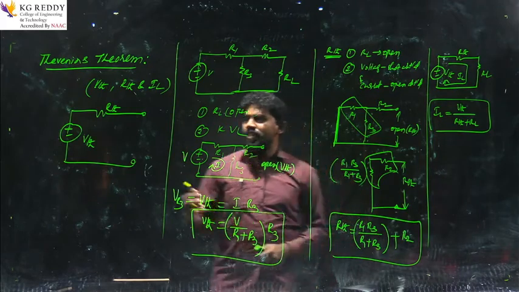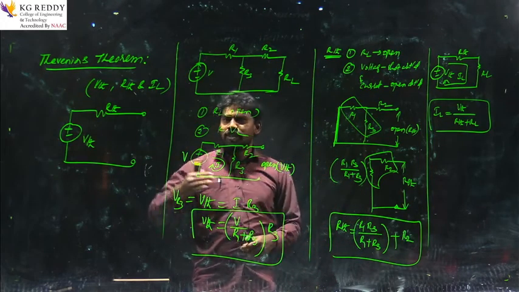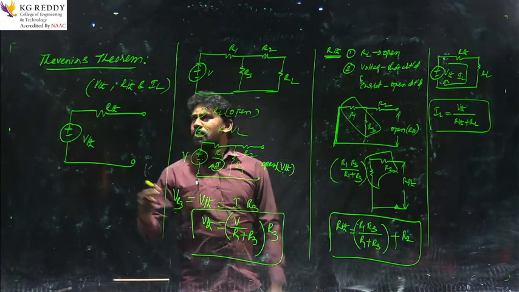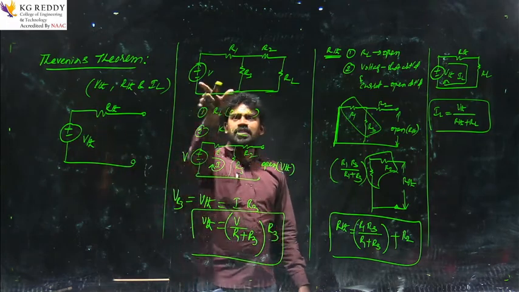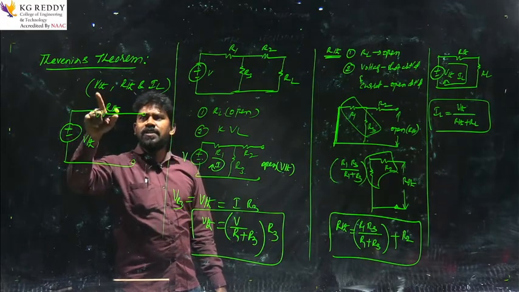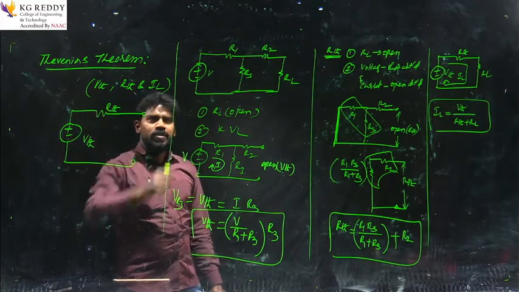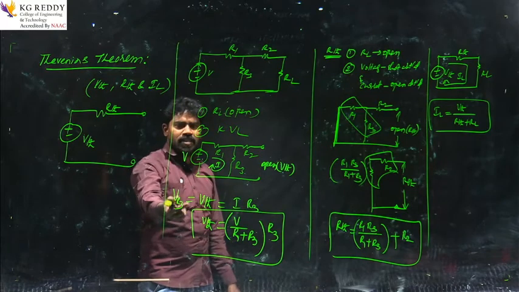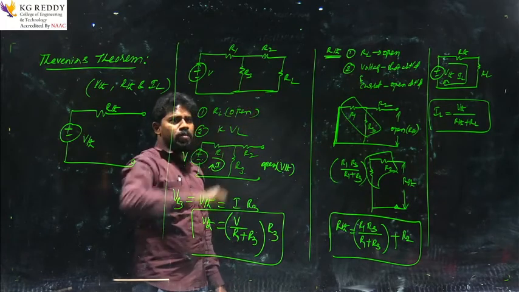Some students asked me to repeat once again, step by step. So, I am repeating from the start. This is the given network. Your aim is to find VTH, RTH and IL. The procedure to find VTH: first, the load resistance should be open circuited.